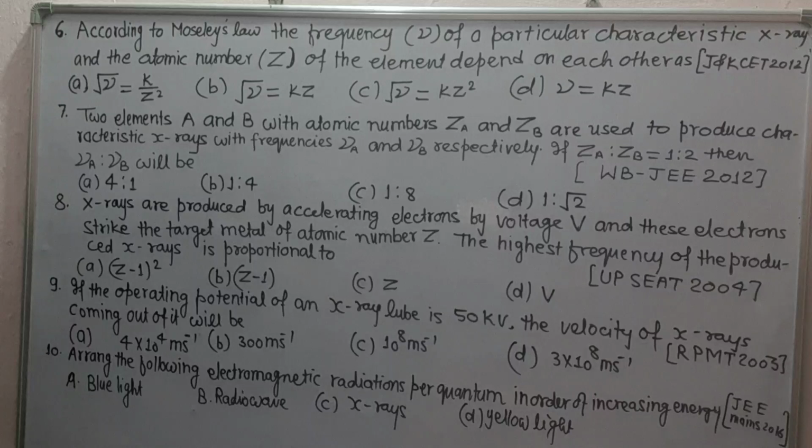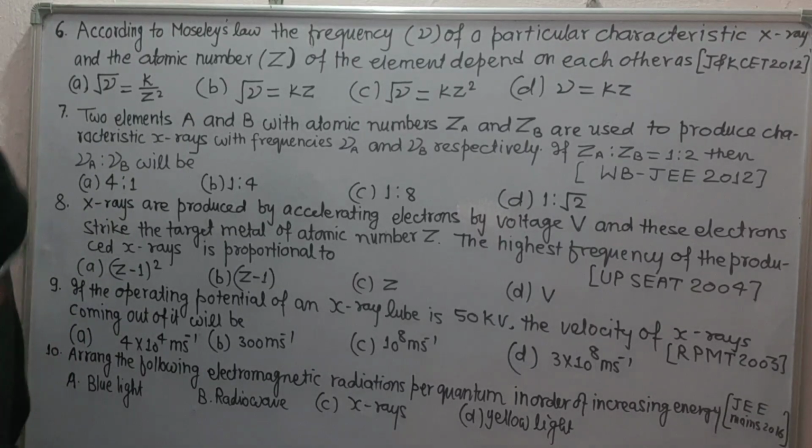Next, question number 6. According to Moseley's law, the frequency nu of a particular characteristic X-ray and the atomic number Z of the element depend on each other. These are the options.